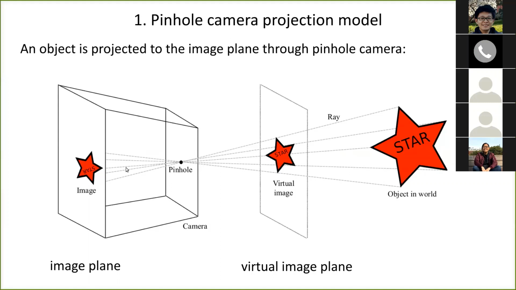The real image of a 3D point is actually opposite to the original one, but we'll make a virtual image plane in front of the pinhole camera center here. In order to make the problem simpler, we'll just put a virtual image plane here.